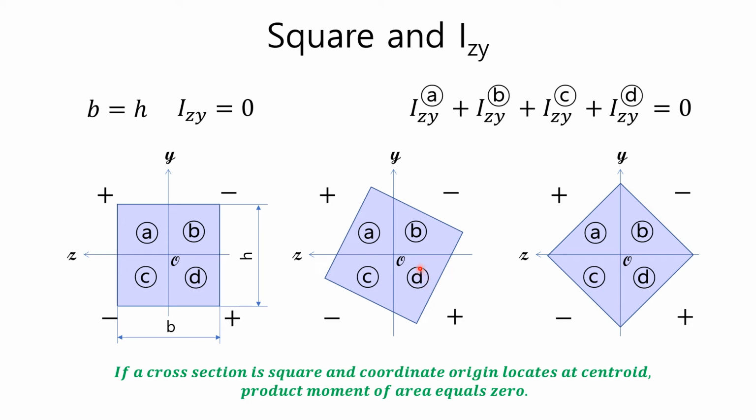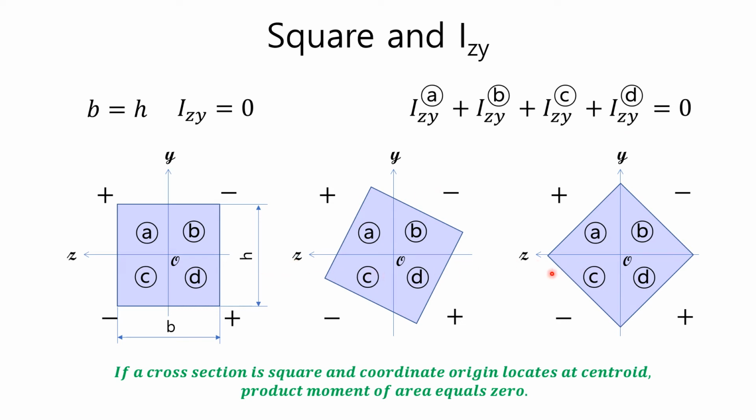Moreover, the sense of the product moment of area is plus in the first and the third quadrant and minus in the second and the fourth quadrant. Therefore, the sum of the product moment of area equals 0, regardless of the degree of rotation.